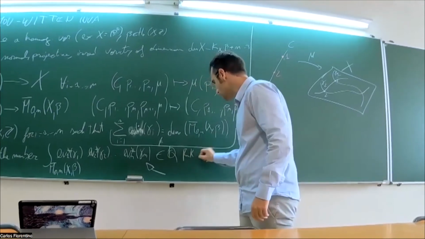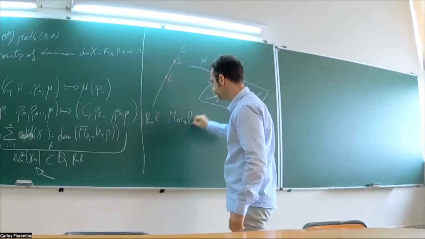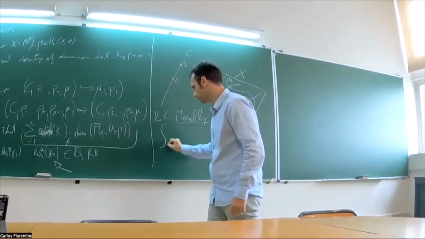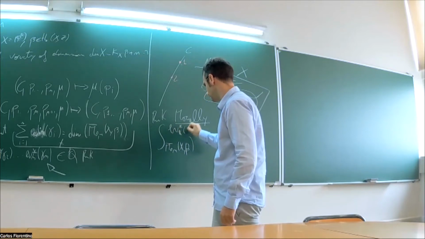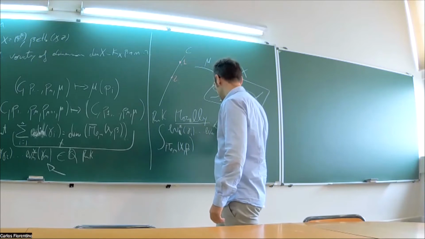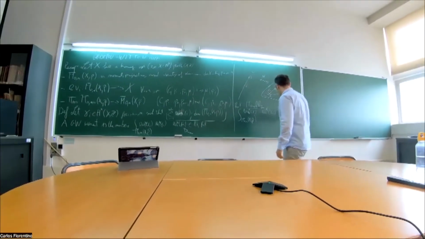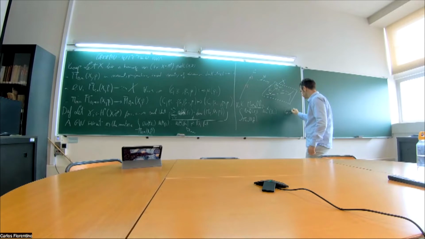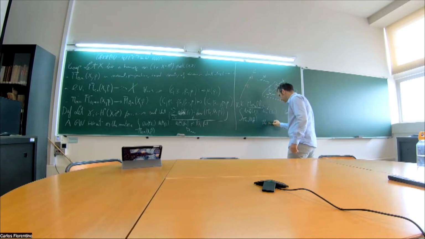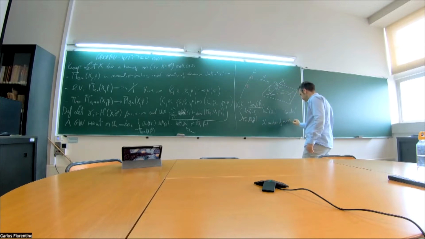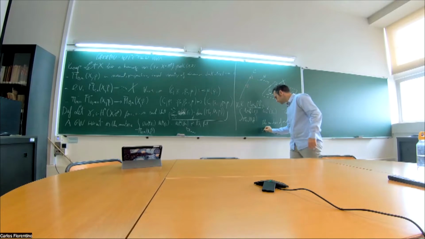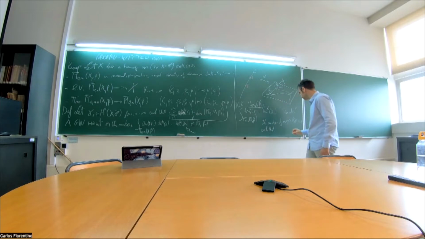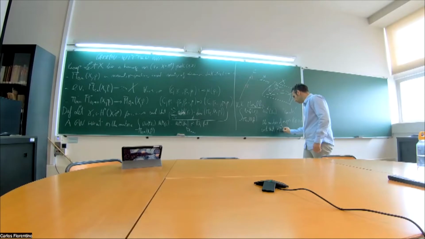A quick remark. Morally, on M_{0,n}(X, beta), this one, ev_1 star gamma_1 through ev_n star gamma_n, counts the number of maps (C, P_1, ..., P_n, mu) such that mu(P_i) is in gamma_i for each i.